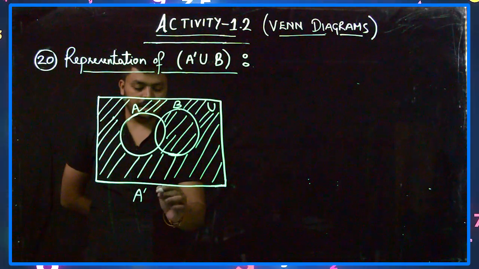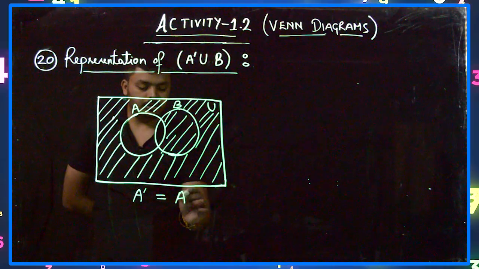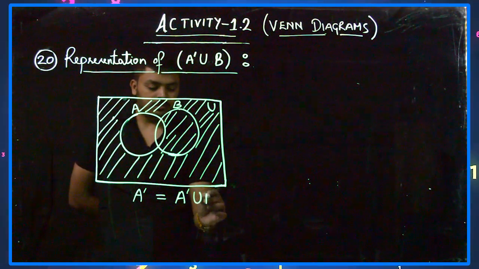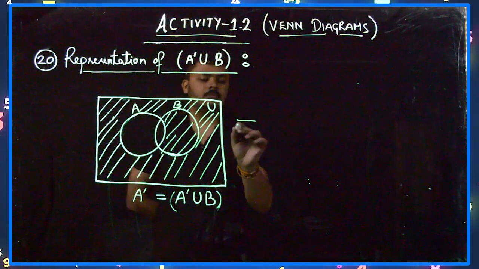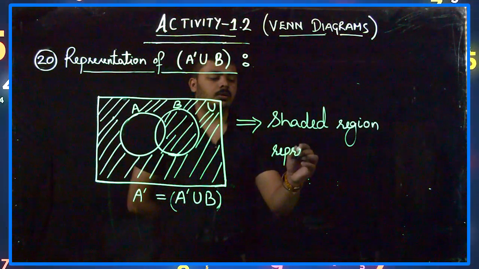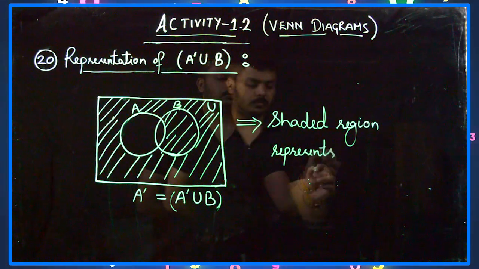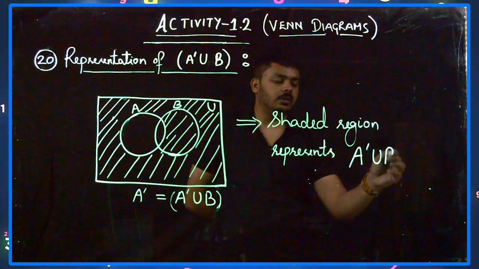So we can say A complement is equal to A complement union B. So the shaded region represents A complement union B.